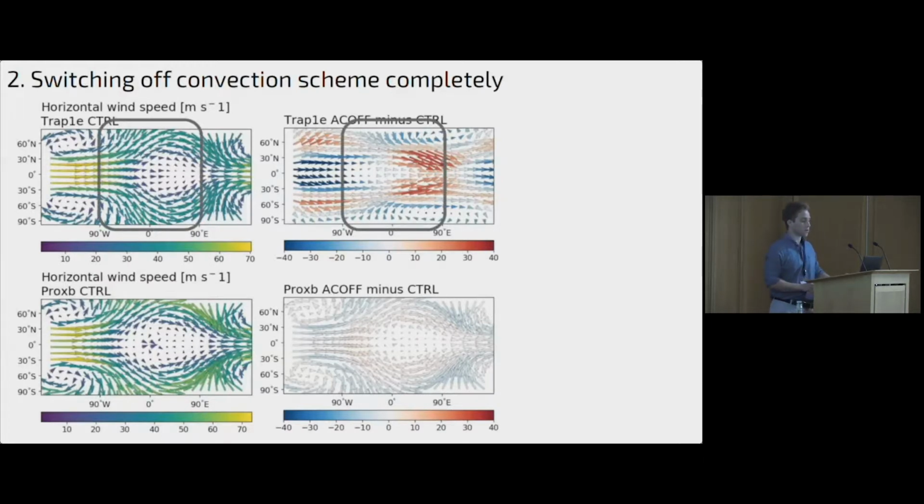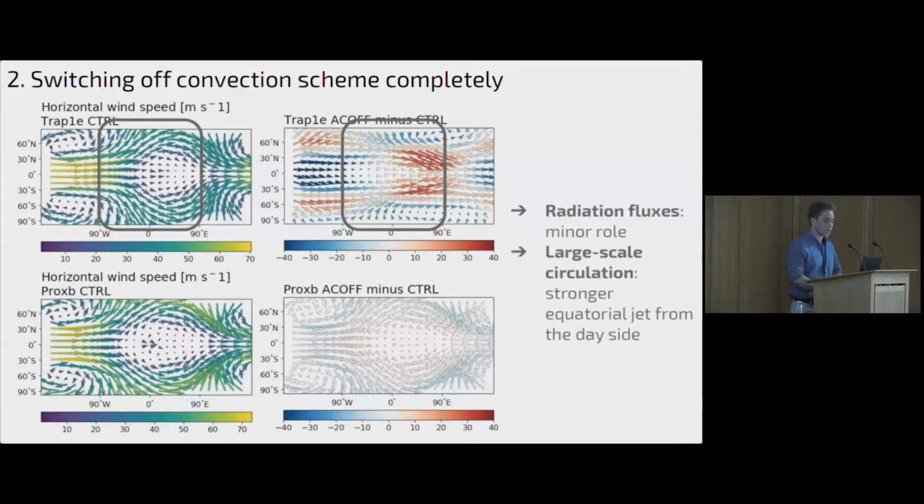You can expect that because the wind speed increased at the eastern terminator and decreased at the western terminator, the net moisture export from the day side is larger. So this is likely the biggest contributor to the change in the night side conditions, while radiation and turbulent fluxes on the night side probably cancel each other out and play a minor role.